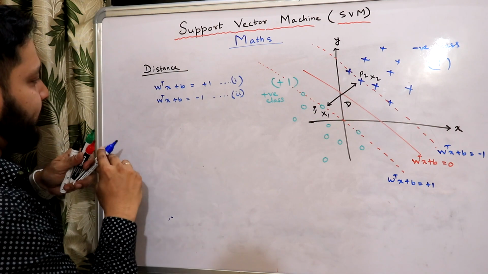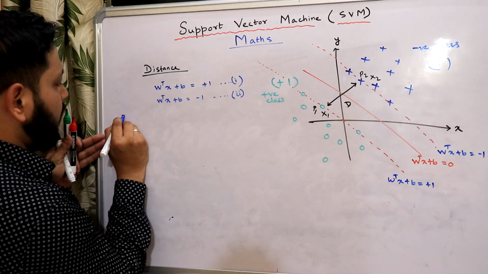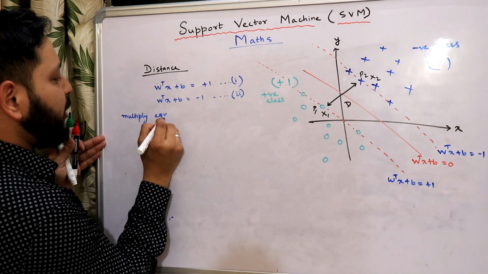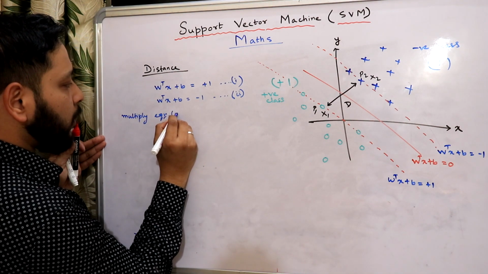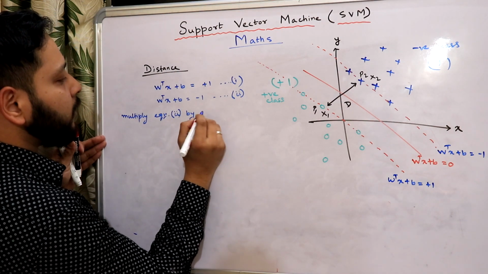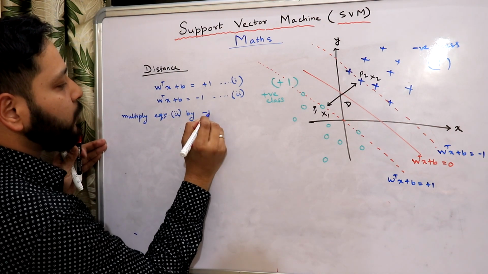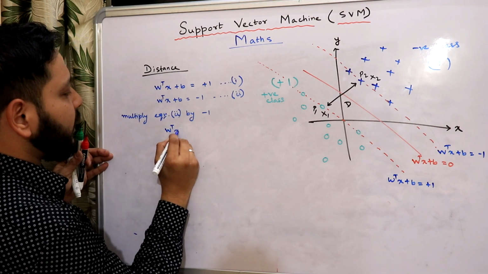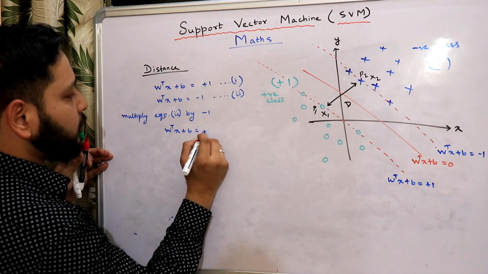Now if we multiply equation 2 by minus 1, then what we get? Equation 1 as it is: w transpose of x plus b equals plus 1.